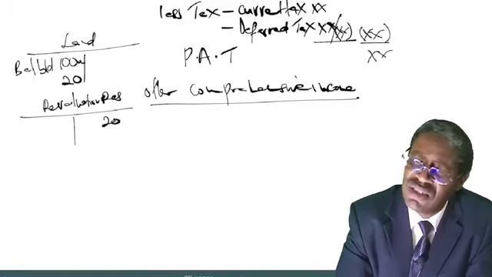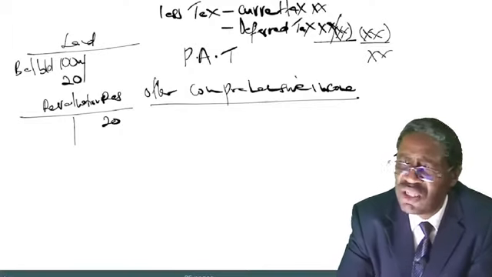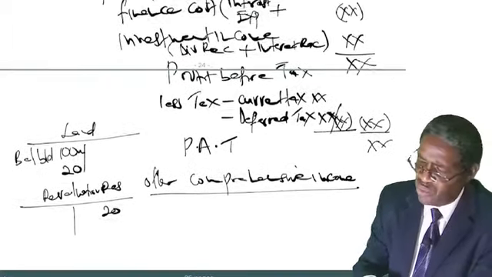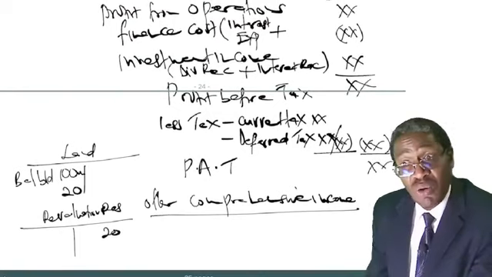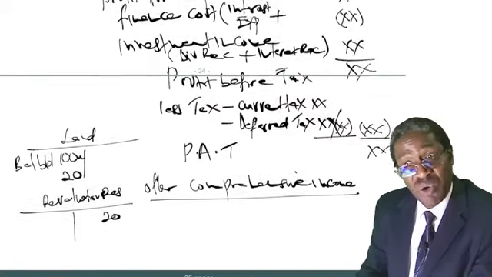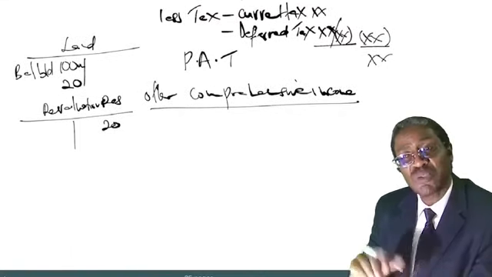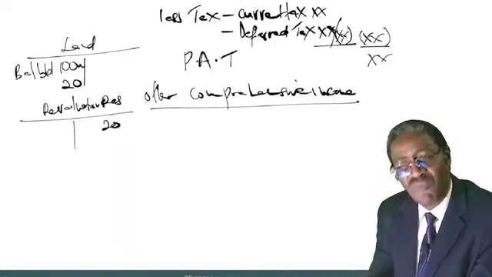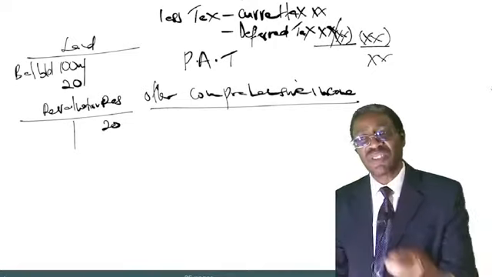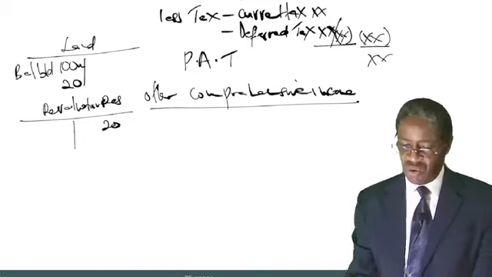Now that's a gain, and we can't show it on the face of the income statement like we have done for the others. Now we are required to show it as part of other comprehensive income.